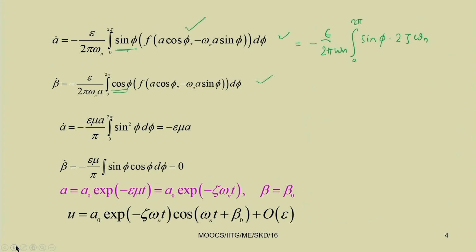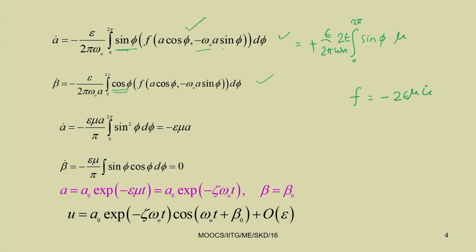Then I should substitute. The 2 I can take outside, and epsilon also can be taken outside. Mu is also a constant that can be taken outside, but for the time being you put it here, and u dot.